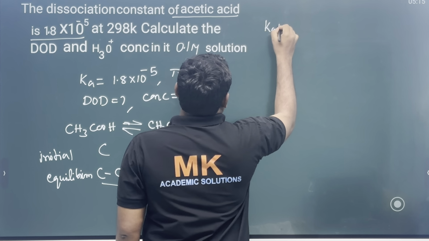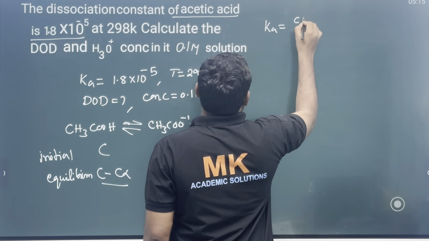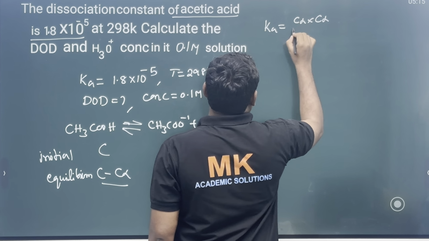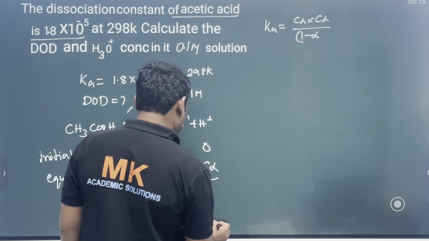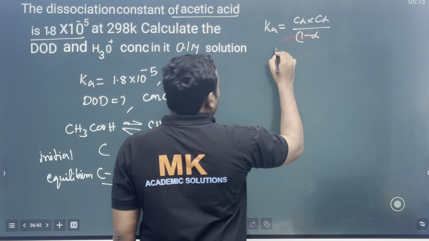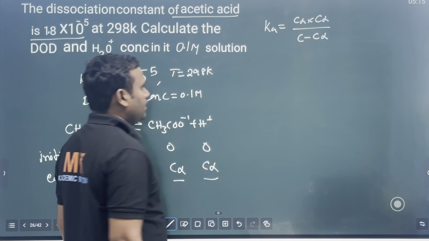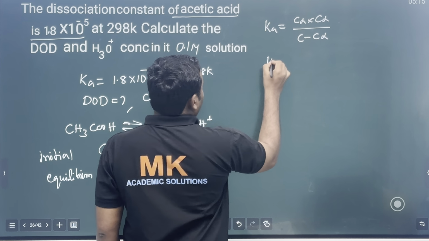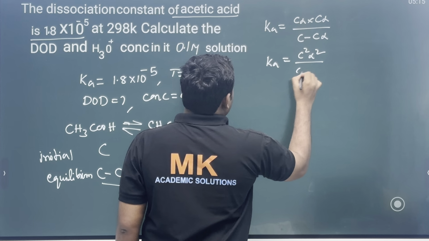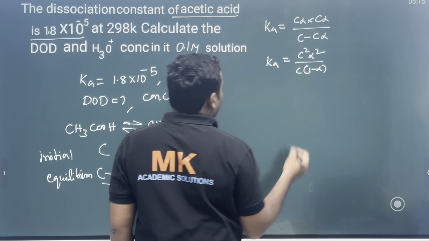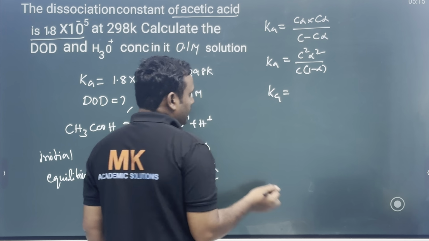So here Ka is equal to C alpha into C alpha by C minus C alpha. Ka is equal to C square alpha square, taking C common in the denominator, 1 minus alpha.